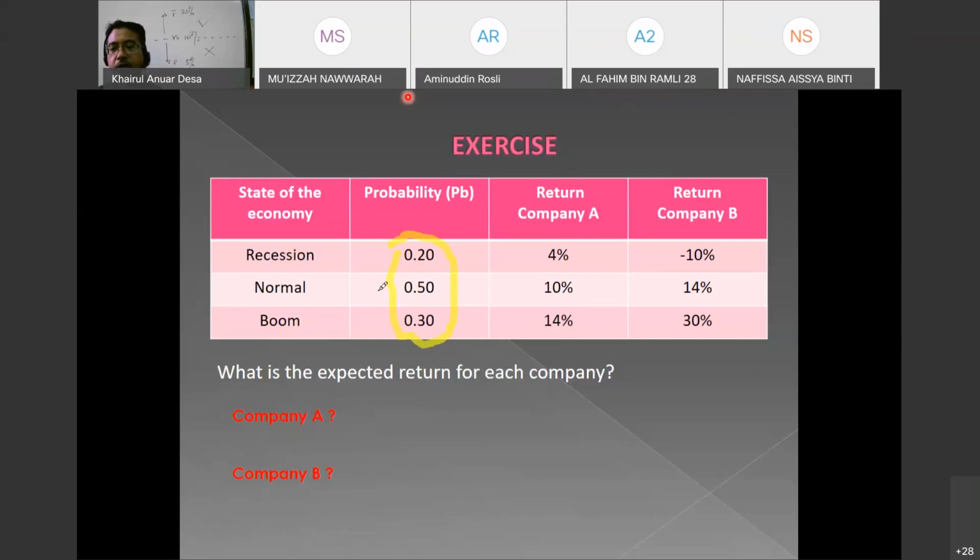Ataupun if the question uses percentage, here it must be 100%. Alright, what is the answer for the expected return for company A, and what is the expected return for company B?